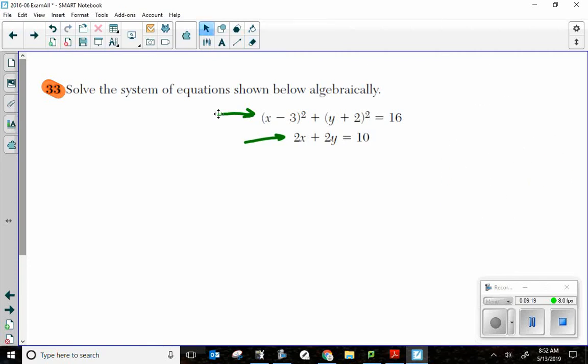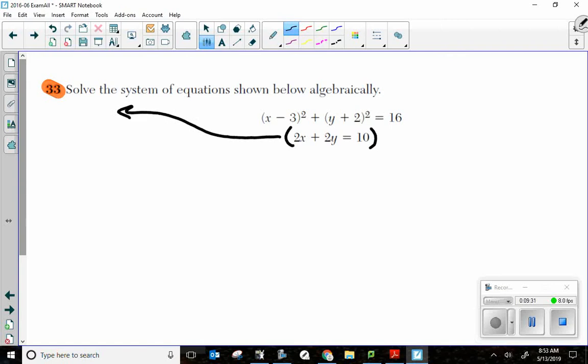So, let's start. I'm going to do this as I do most circles and lines using substitution, all right? I'm going to take my line equation, and I'm going to solve it for either x or y, all right? And what do I mean by that? I'm going to take 2x plus 2y equals 10, and I'm going to set this equal to one of my variables, all right?